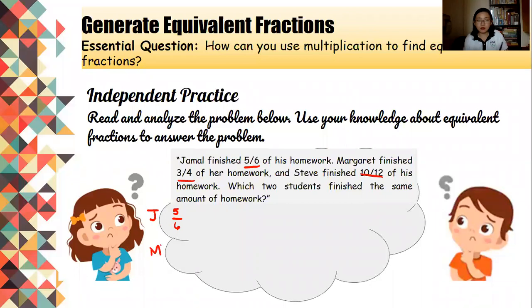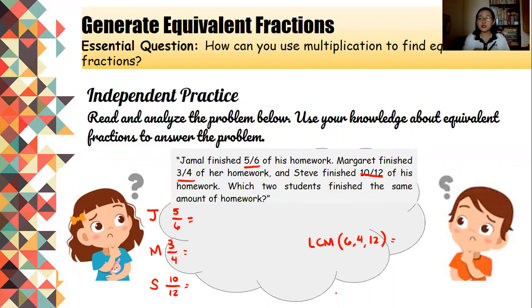For Margaret, we have 3/4 where the denominator is 4. Then for Steve, we have 10 over 12 with denominator 12 on the fraction. You will have to look for the LCM of all the denominators 6, 4, and 12.